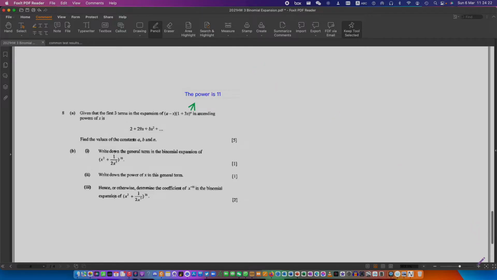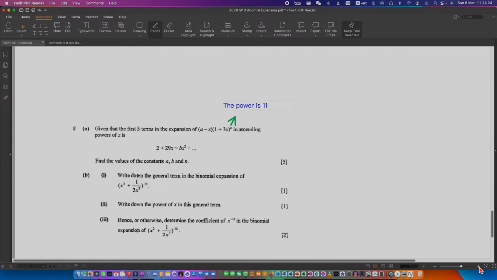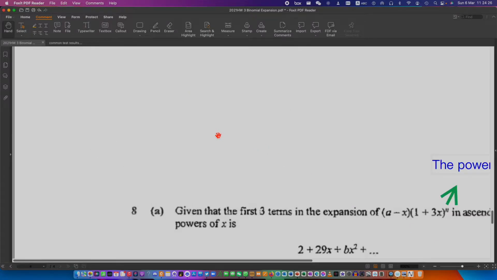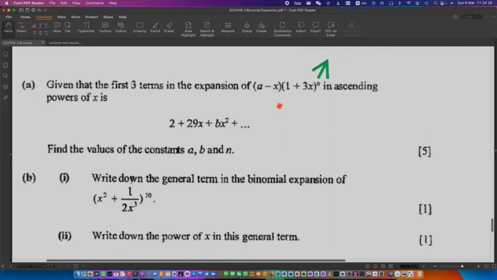Okay, good. So let's come back to this. This will be the more interesting, harder questions for binomial expansion. Over here the power is 11. Instead of getting just this, now it involves another term. Meaning once you get this, you still need to multiply by this.